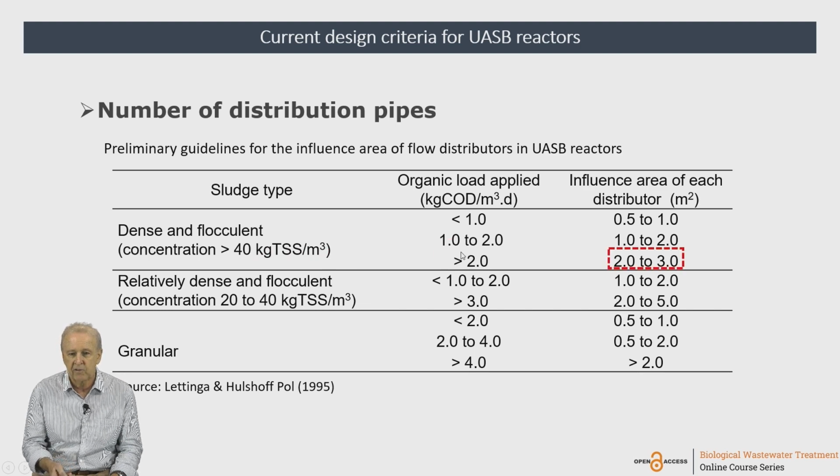So the final message is that for domestic sewage treatment, usually we estimate the number of distribution pipes considering 2 to 3 square meters per distribution pipe.